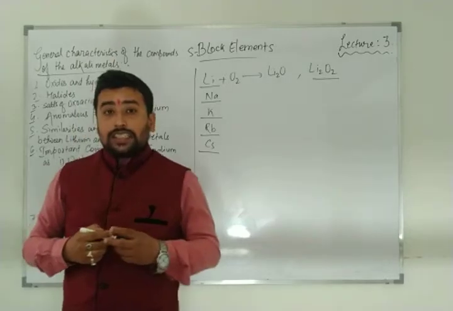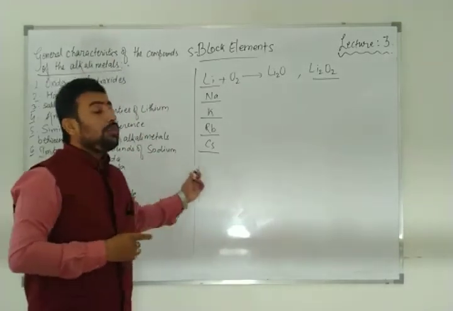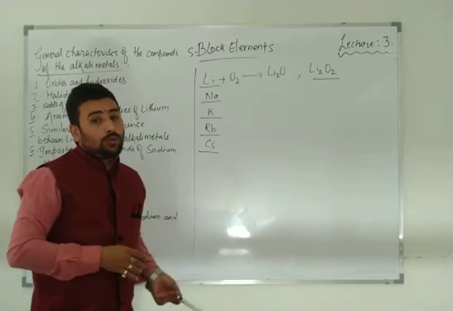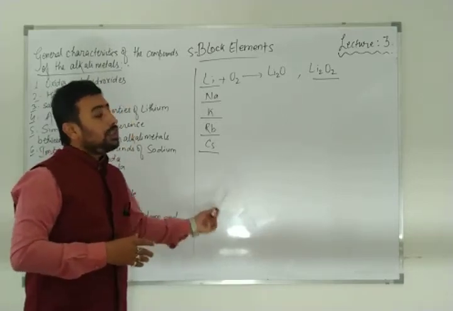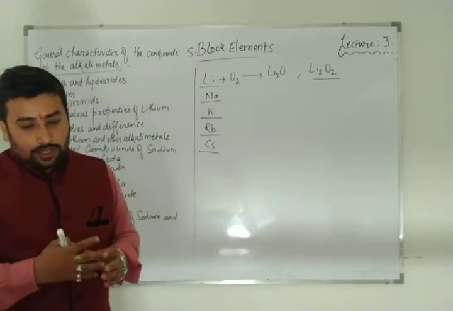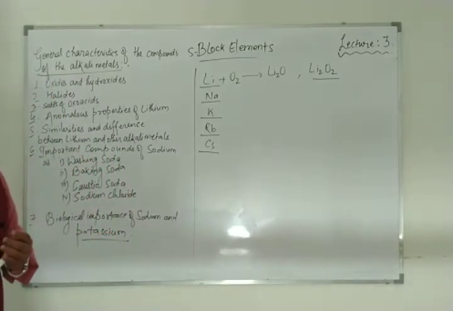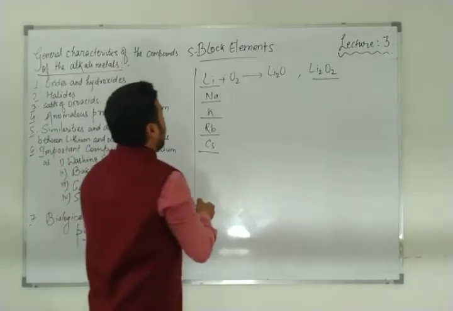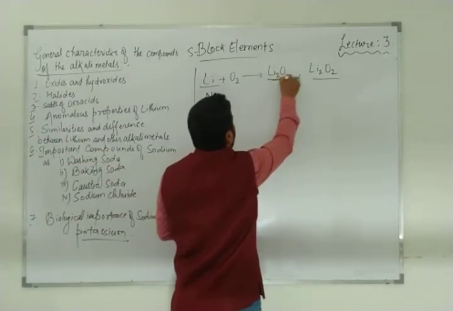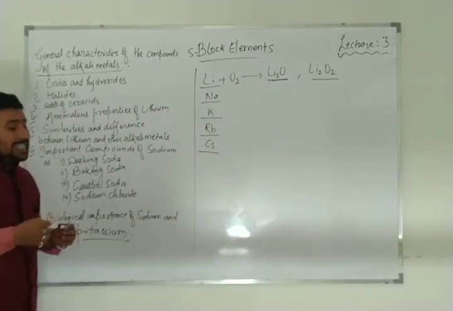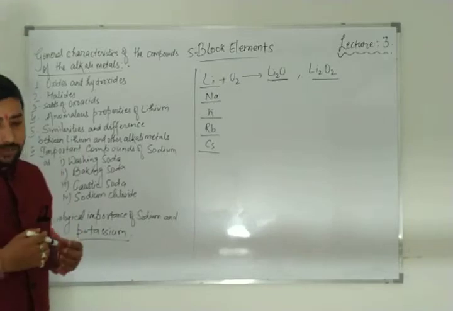If you have watched lecture number 2, you can understand this. If you have not seen it, first go to my channel, watch lecture number 2 and then come to this one. On combustion in an excess amount of air, lithium forms mainly lithium oxide. Remember dear students, when there is an excess amount of air, lithium will form lithium oxide.